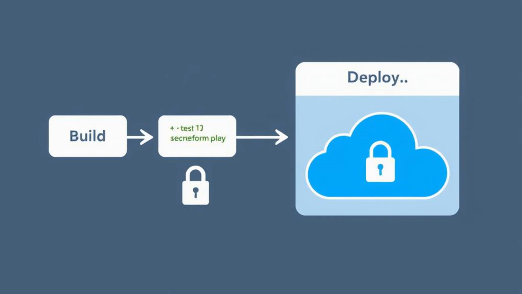We also include user_data, a script that runs when the instance first launches, to automatically install and start an Apache web server and serve a basic Hello World HTML page. This demonstrates how Terraform can not only provision infrastructure but also perform initial configuration, making your instances ready to serve immediately.